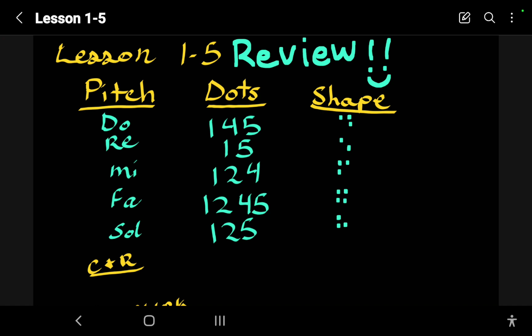So these shapes not only represent pitches in music, but they also represent text in literacy Braille, like if you're reading a book or something. So these are actual letters in literacy.